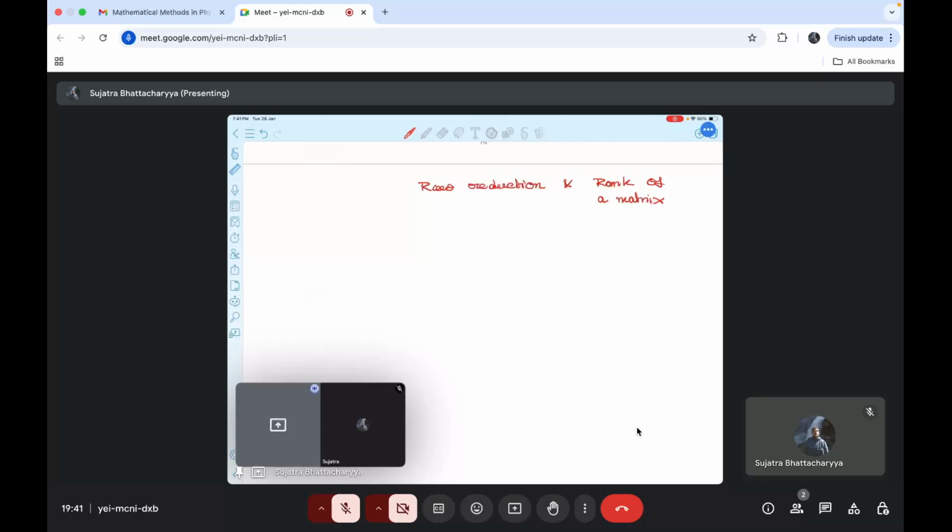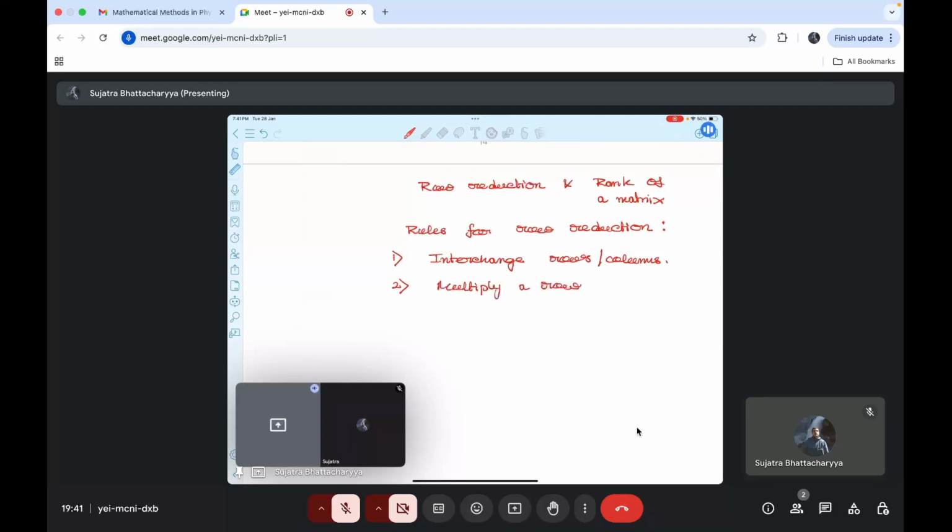So let us write the rules for row reduction of a matrix. Number one, you can interchange the rows or columns. Number two, multiply a row by a non-zero constant.